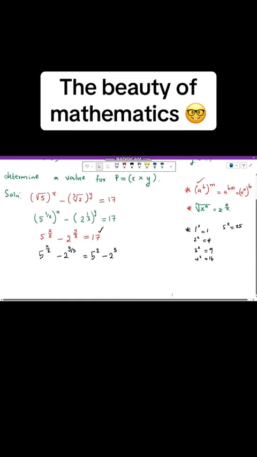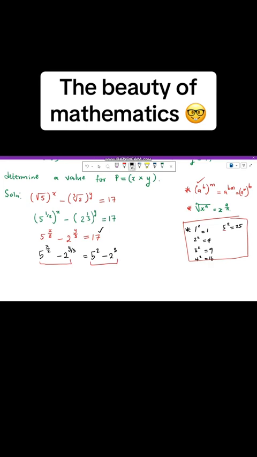Otherwise, it's going to be a problem to try all this, because I would have to take the squares here, then take the cubes up until 5, then check the ones that when we subtract they give us 17. So I'm just saving time, right? So from here we can see that these two quantities are said to be equal because of the equals to sign.